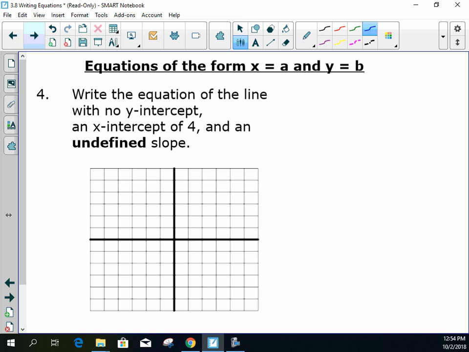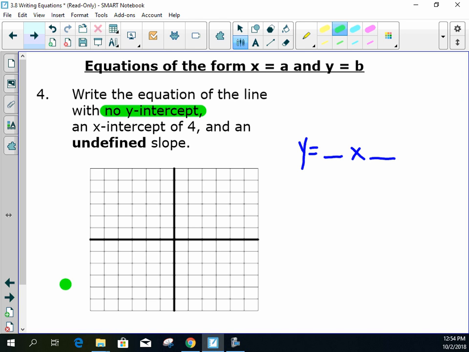Okay, so now we're going to write the equation of a line. So what's the first thing I write? Y equals blank x blank. But this has no y-intercept. What do I write for no y-intercept? Wrong.